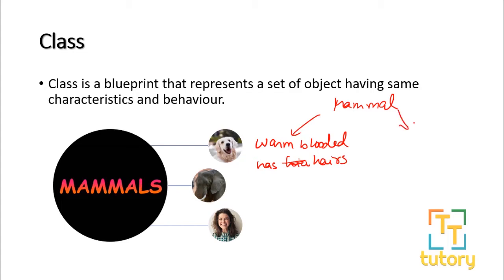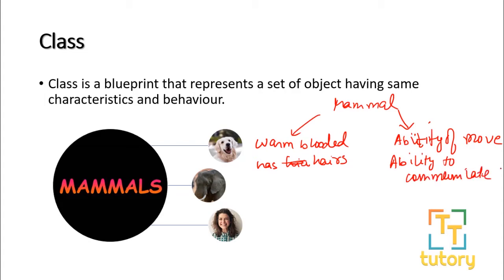And for behavior, you can say ability to move, and ability to communicate. Now for this mammal class there can be many attributes and many behaviors, so we are considering just two.